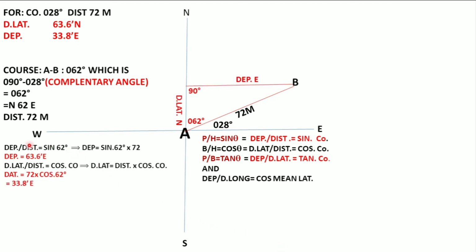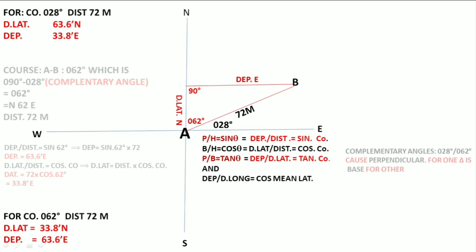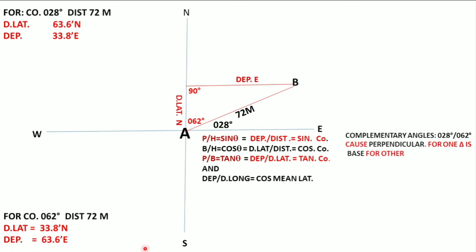Now here I have got the departure as 63.6 and D.LAT as 33.8. If you look at these two courses here, which are complementary, you can see that the D.LAT here, 63.6, has become the departure here. And similarly, the departure here has become the D.LAT here, value wise.